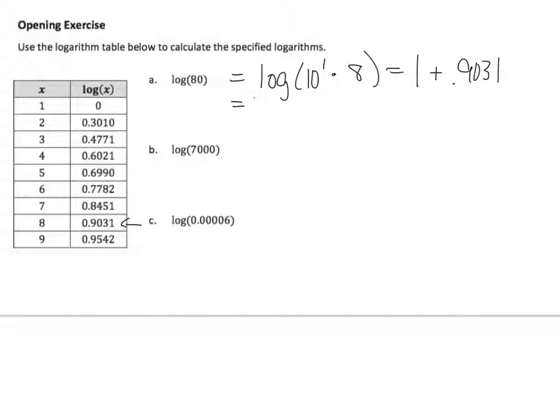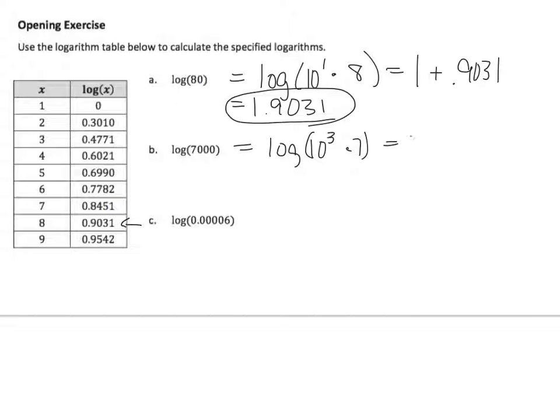So we have an answer here of 1.9031. Same thing here. This gives me log 10 to the third power times 7, which is 3 plus log 7, which is 0.8451. So that gives me 3.8451.